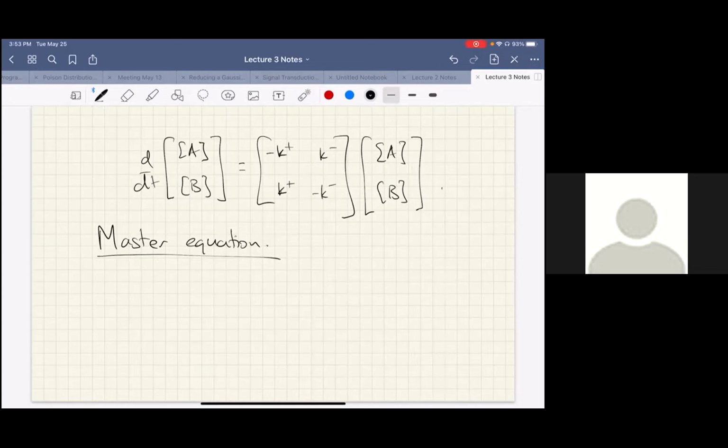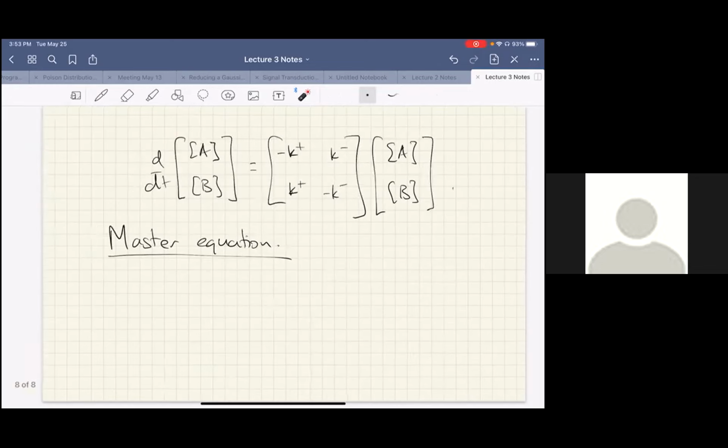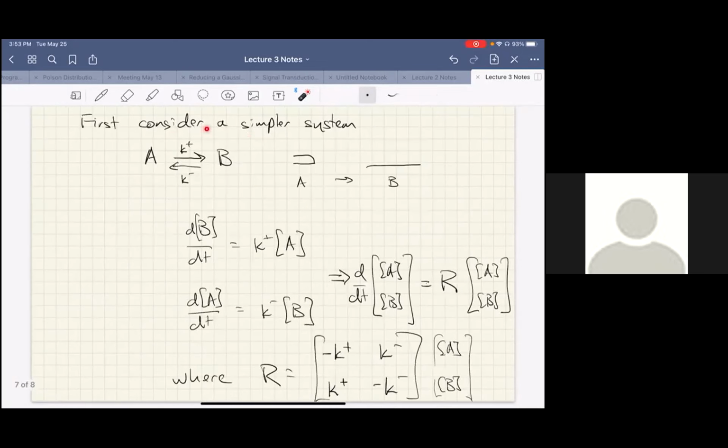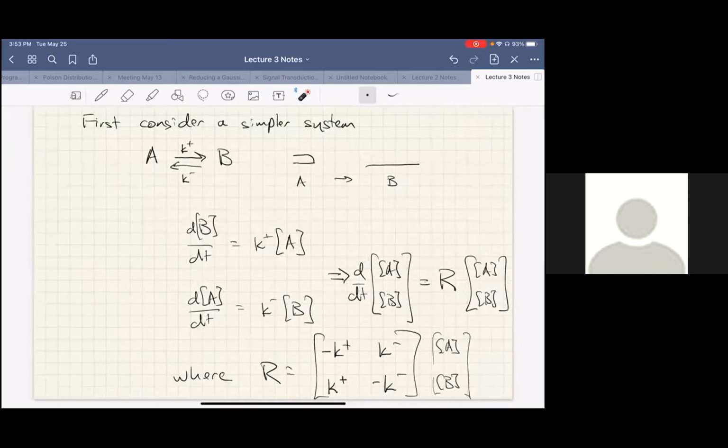But the important thing to remember here is that you can form this master equation simply from this reaction by forming these reaction rates. And what you end up with is a system of linear differential equations with these rates. You plug in the rates where they go and just make sure the columns sum to 0.